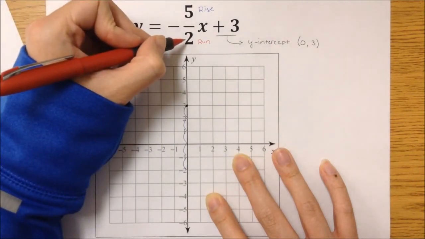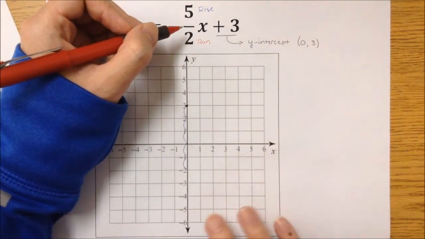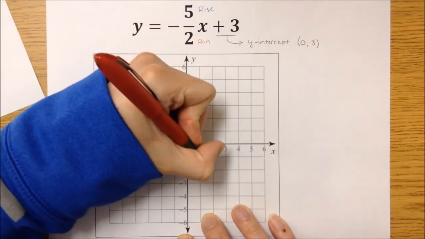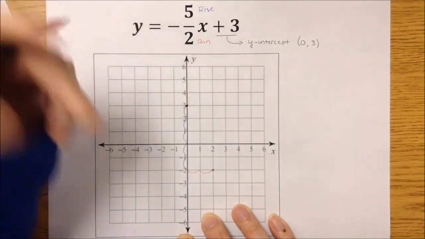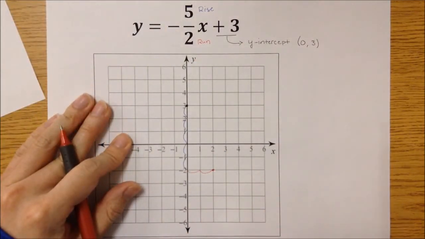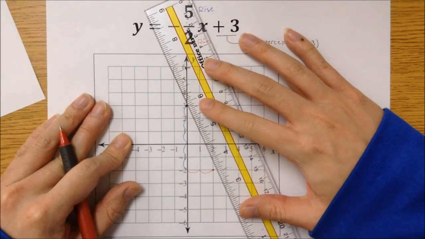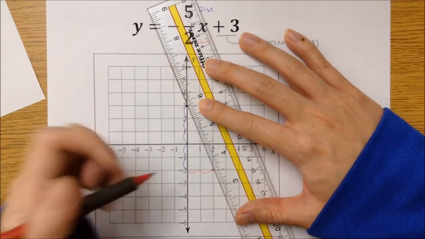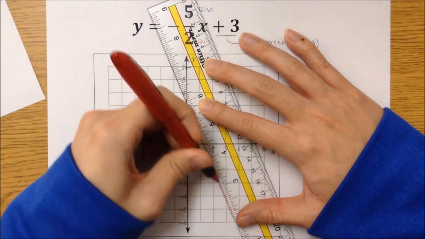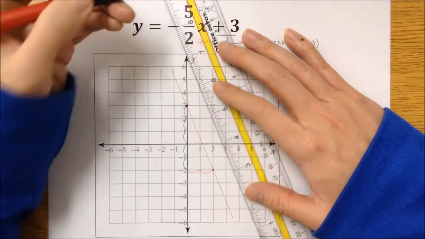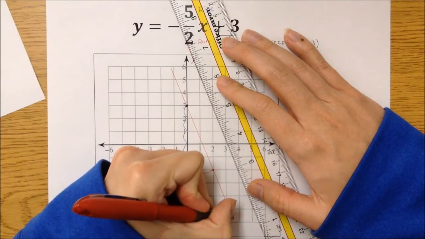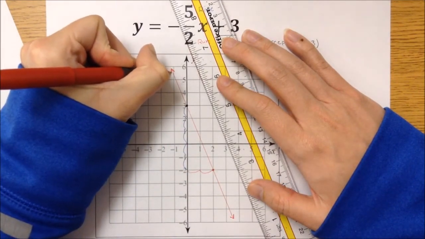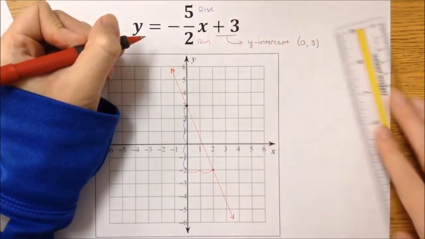Now for the run, which is 2, we're going to go to the right. 1, 2. So here's our second point. Now I'm going to graph, connecting these 2 points. Alright, so there we go.